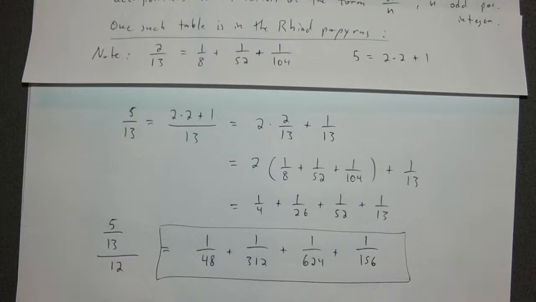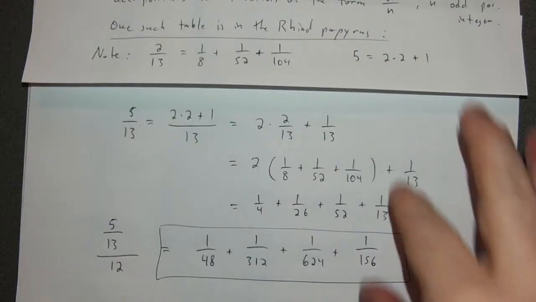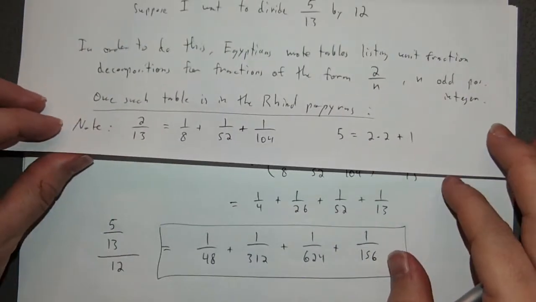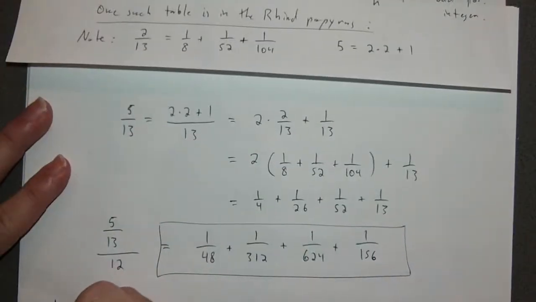Of course, you could have written 5/13 as 1/13 plus 1/13, 5 times, right? They insisted that the denominators be distinct. So maybe I should say that. I'll make an extra note here.